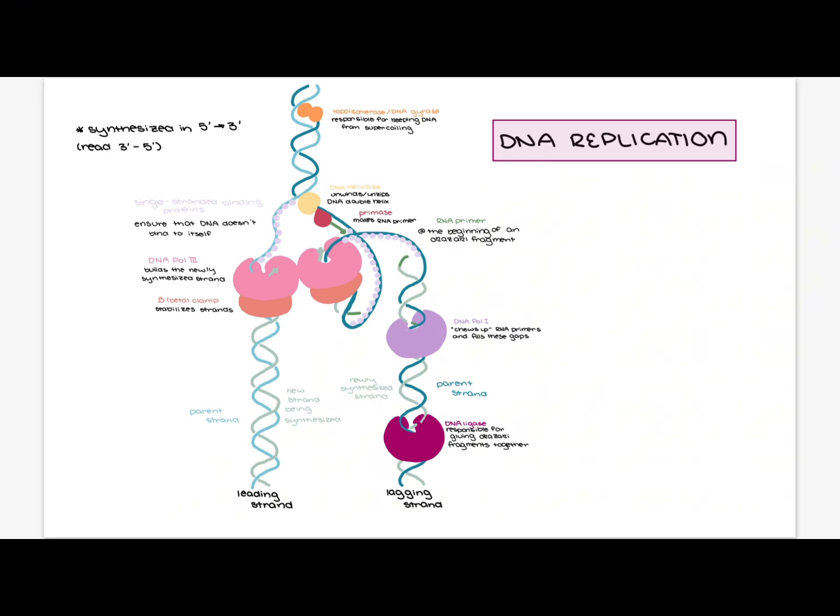And because we're synthesizing down this direction, if you think about it, when we're synthesizing the leading strand, it's going in towards the replication fork. It's continually being fed new DNA of the parent strand because it's going in towards. So that's different than the lagging strand, because the lagging strand, the replication fork is producing DNA, a single strand of DNA, to be synthesized in this direction, but we're synthesizing in this direction.